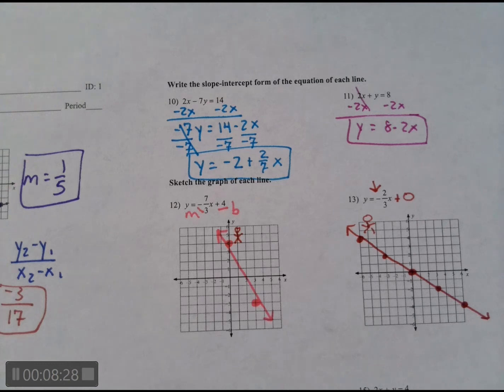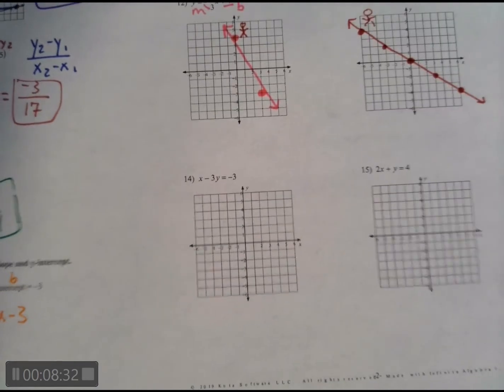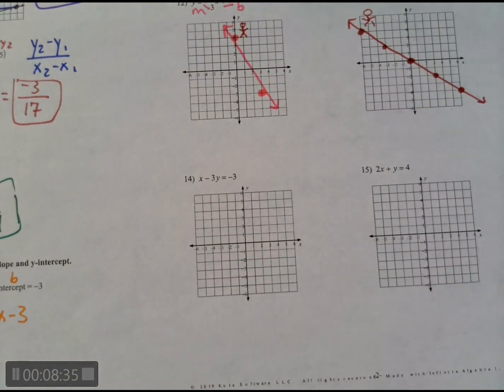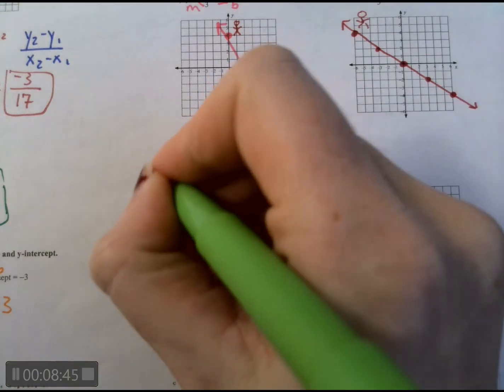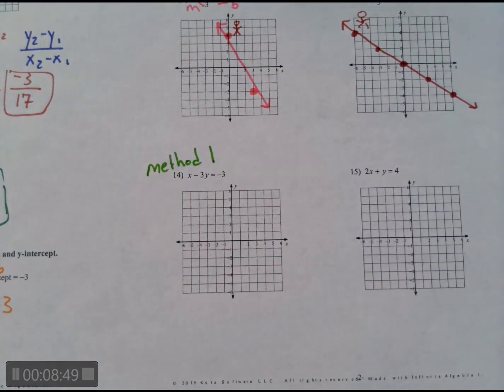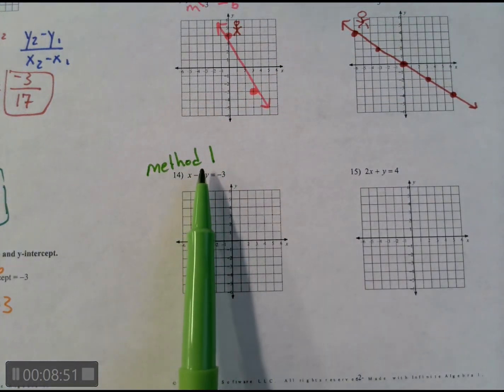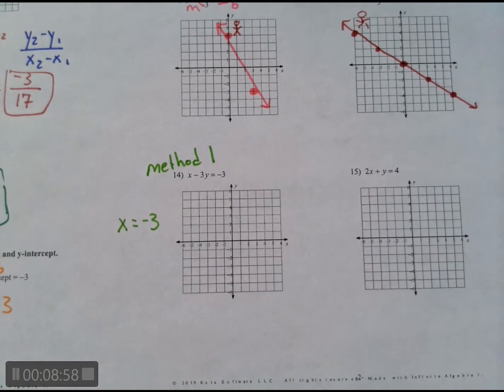Alrighty. Next. Okay. So for our next ones, there are 2 ways we can do this. So I'm going to do 14 the way that I think is the easiest way, and 15 we'll do it the other way. Okay? Alright, so method 1. Okay, so for method 1, we are going to hide our y. Okay, just hide it. And so you get x equals negative 3.